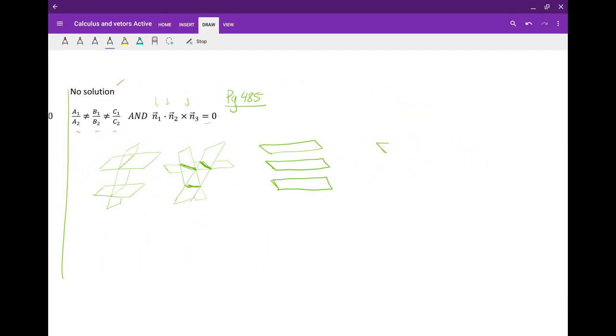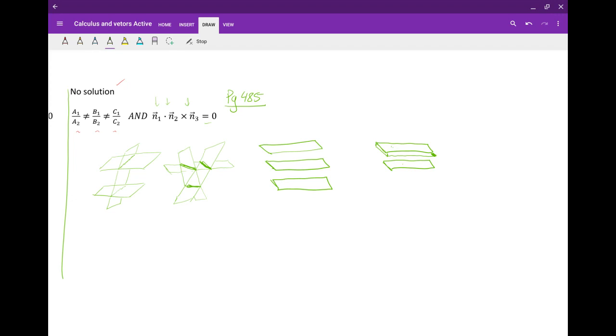Or another one would be a plane and a plane, and then the other plane is actually sort of an identical plane as the other one, but written differently. Remember how you can have two planes that are exactly the same plane but written differently? This would still be a no solution. So two planes that are equal and then a third plane that's parallel and off to the other side, okay? You could have that as well.